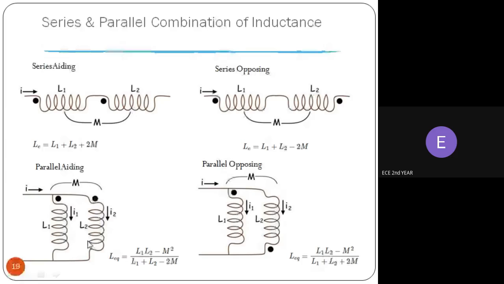So this is the parallel aiding combination. The total inductance can be calculated with the formula L1 L2 minus M square divided by L1 plus L2 minus 2M. Here M indicates the mutual inductance.